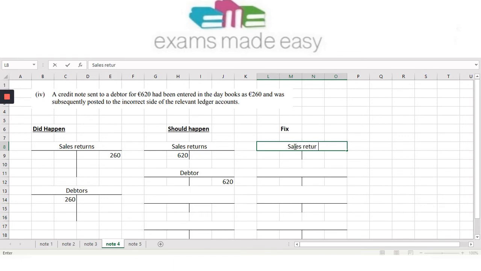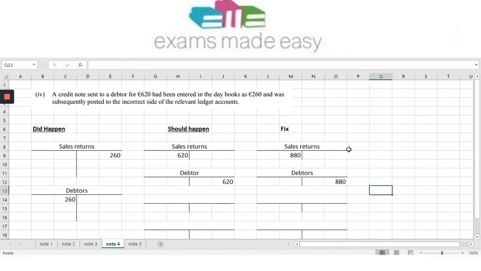Sales returns and debtors. So currently, sales returns is a credit of 260. We want to get it to a debit of 620. First of all, debit 260 to get it to 0. Then debit another 620, which would be altogether 880. Similarly, with debtors, we want to get to the credit side. We credit 880. Okay.